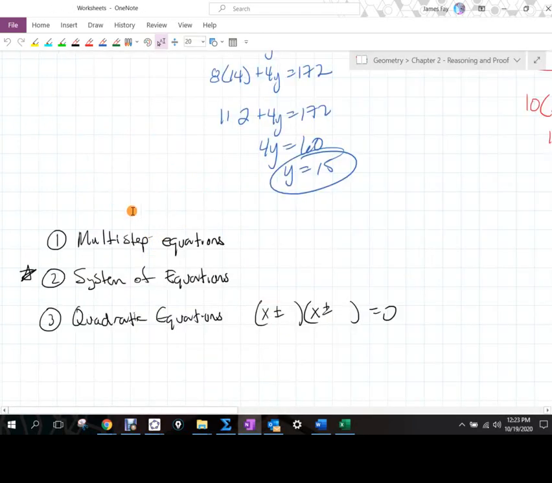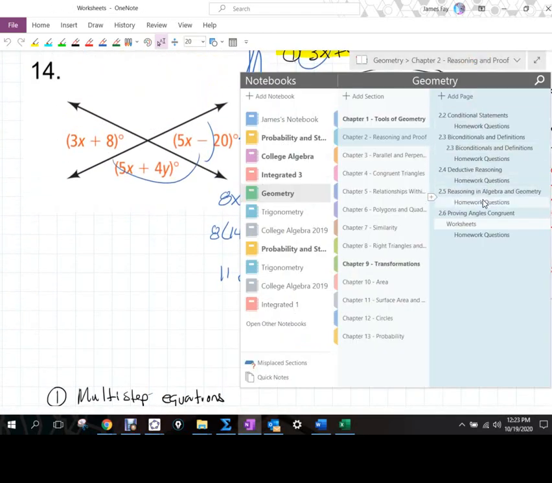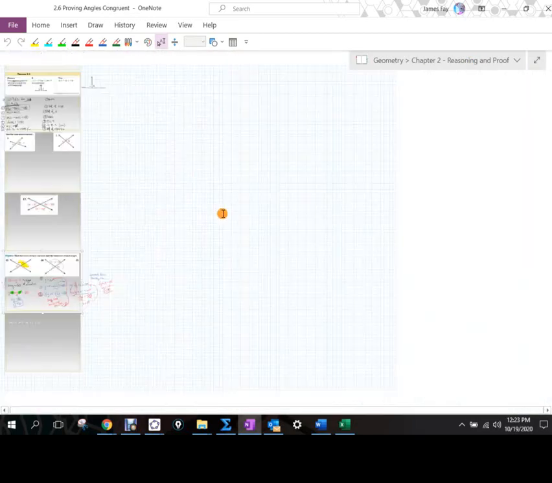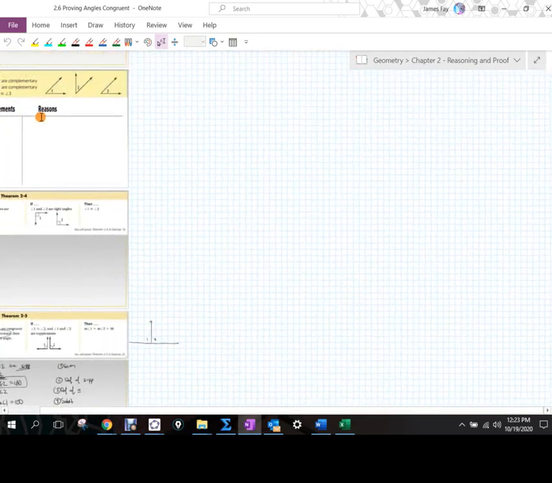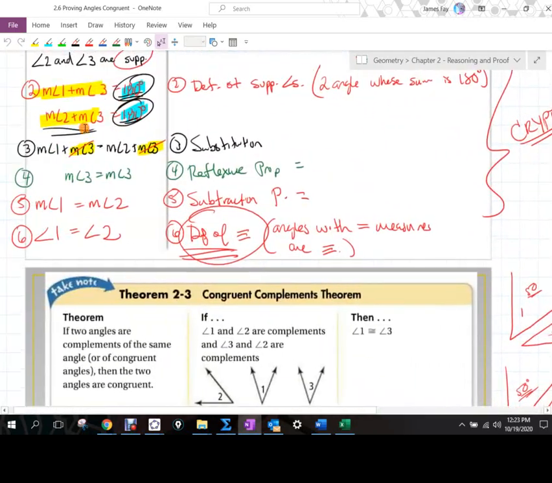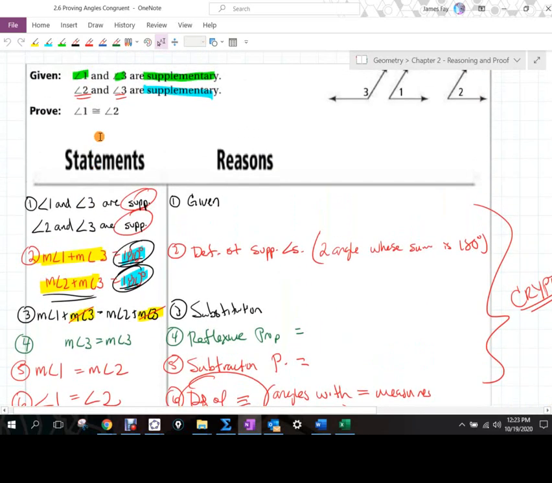So what I mean by that, I'm going to go back to section 2.6 and look at one of the proofs that we did there. So this was proving that if 2 angles are supplementary to the same angle, then the 2 angles we started with were congruent, okay?